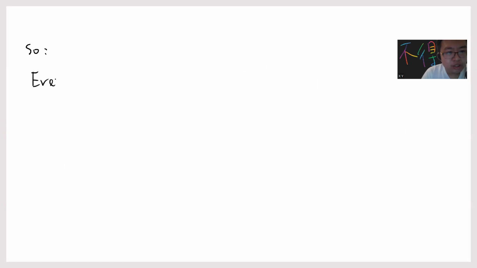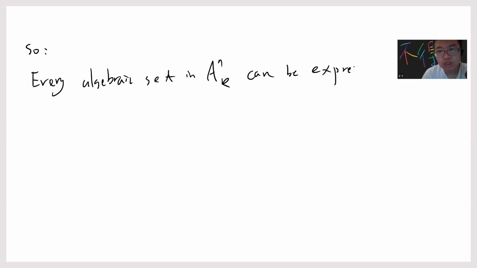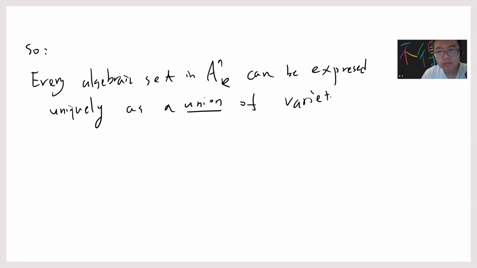So every algebraic set in a finite space can be expressed uniquely, this is the corollary, as a union of varieties, with none containing another.